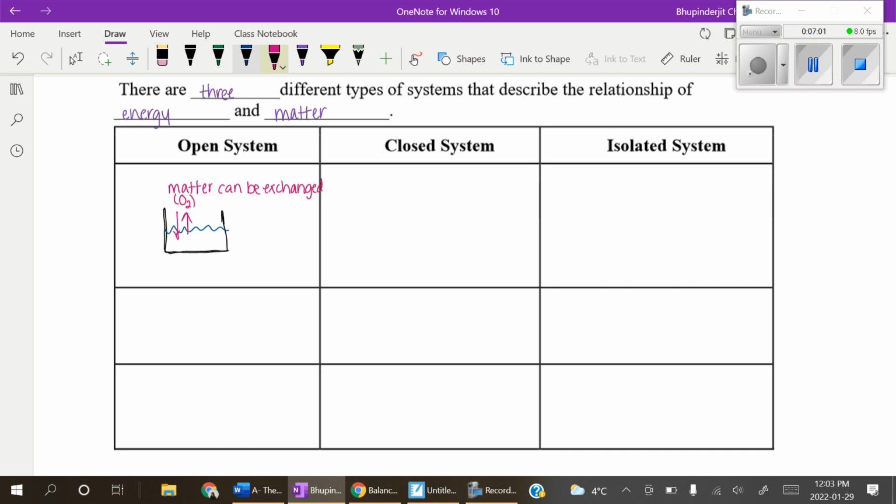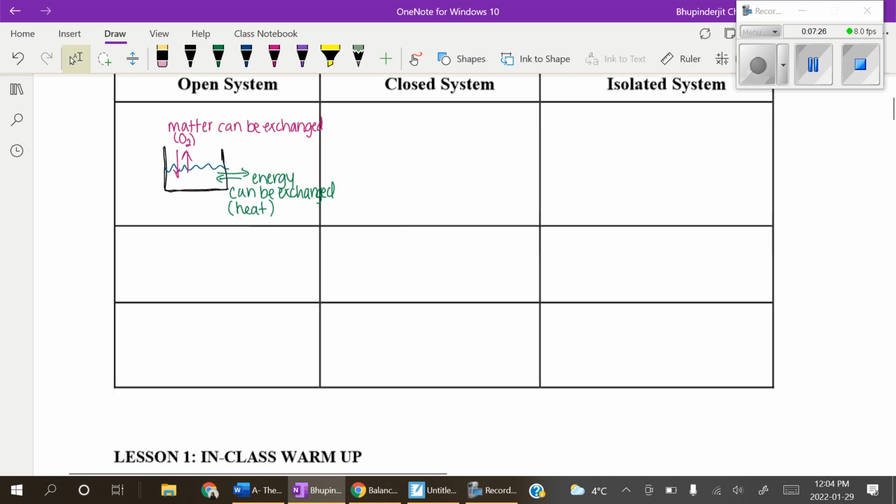Now, the other one is that we can say energy can also be exchanged. So energy can be exchanged as well. And for the sake of energy, I'm going to say that we can add heat. Now let's solidify that.